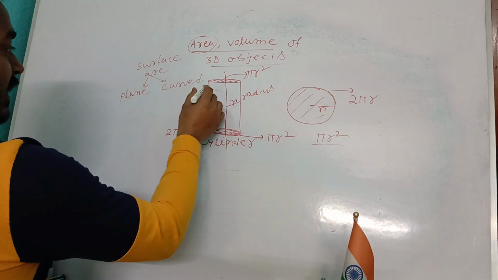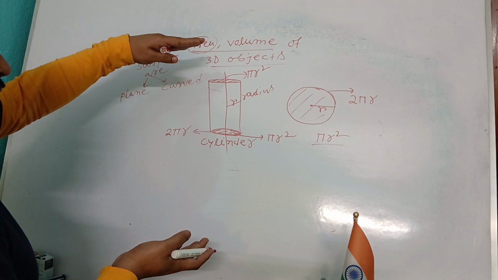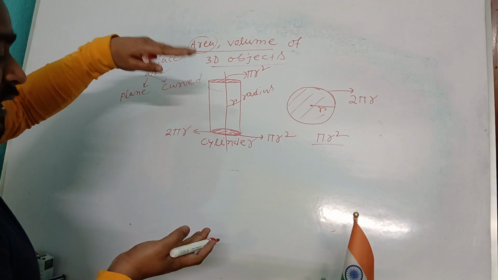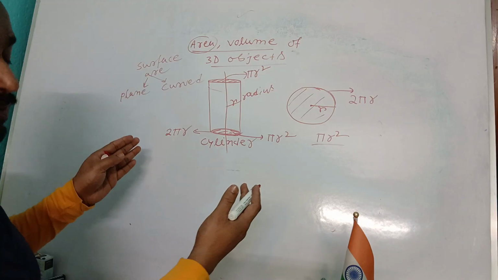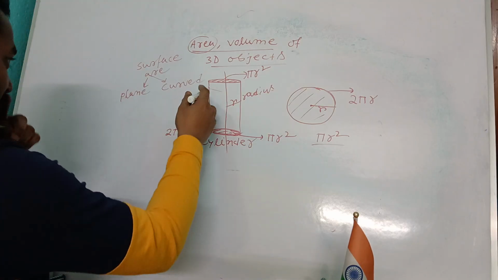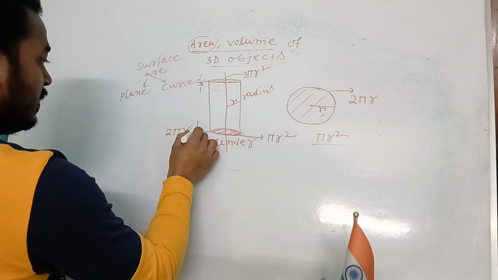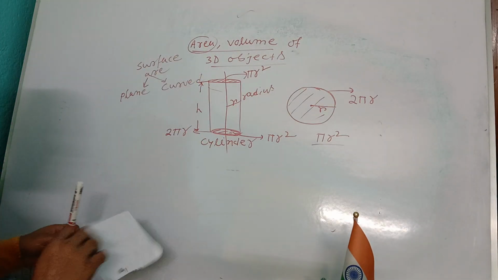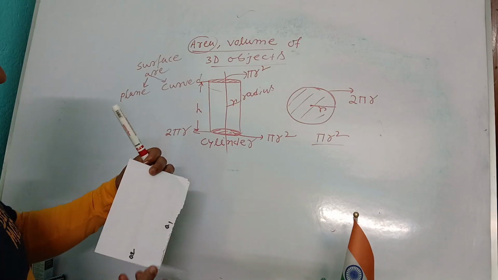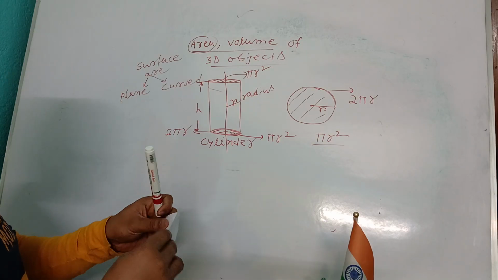What is the height? When it is in standing position, then we consider it height. And if it is given in lying position, then it is called length. Now it is standing position, so we write the height h. Now just imagine I am making one cylinder.